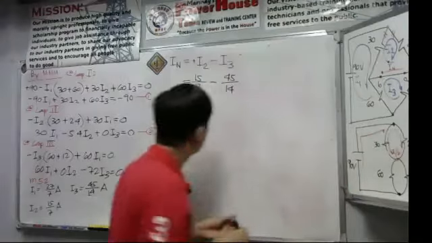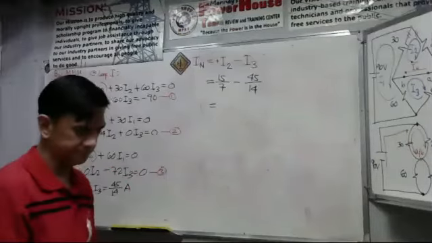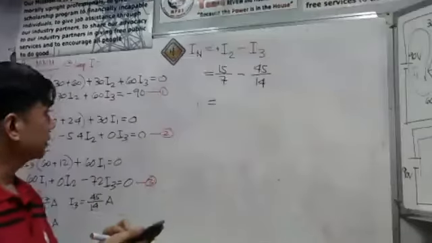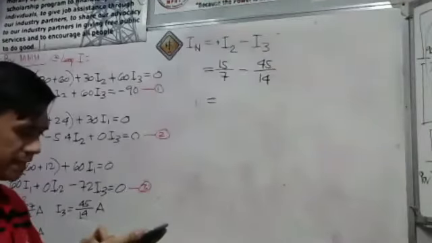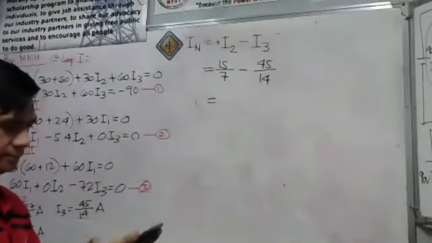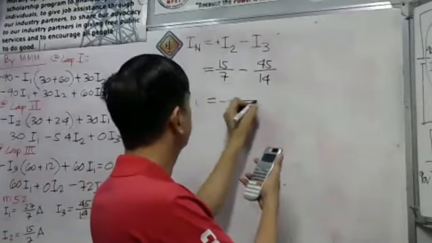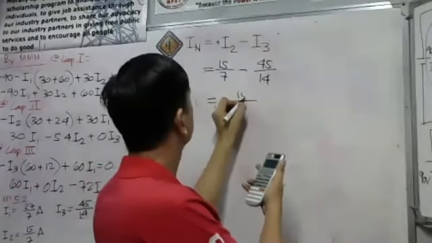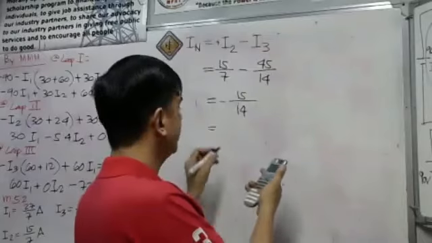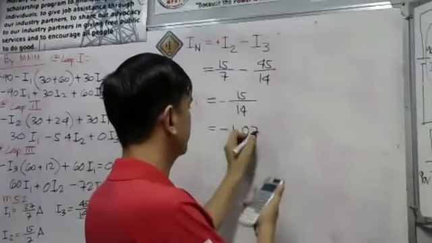So what will be our answer here for our I sub n? 15 over 7 minus 45 over 14. The answer here will be negative 15 over 14, or simply negative 1.07 ampere.